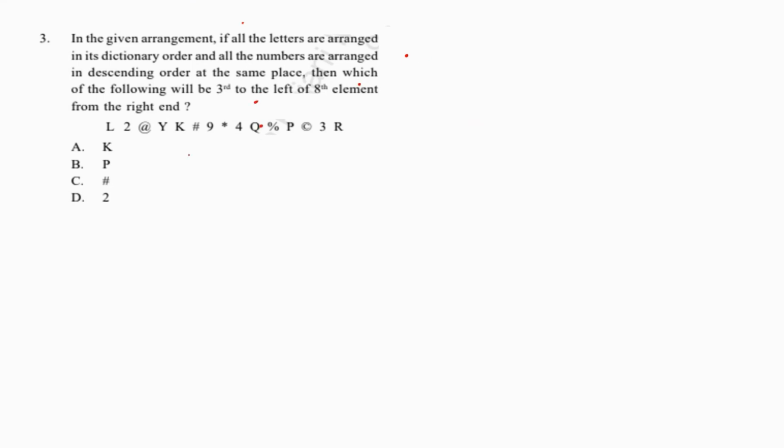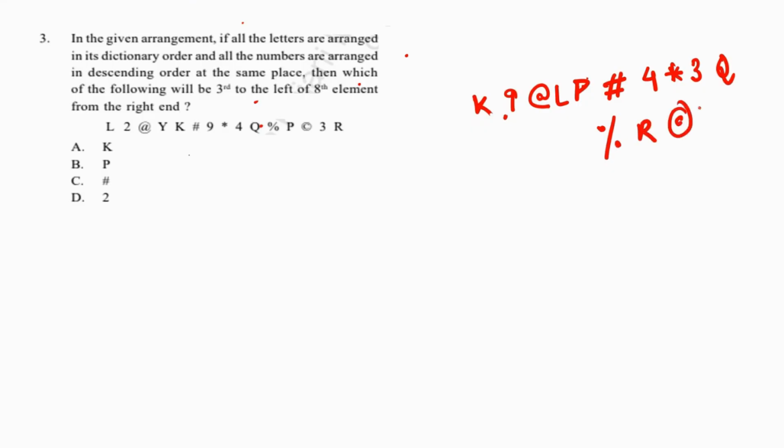Let's first arrange the sequence. First comes A, K, then 9, then the symbol @, which isn't changing, then L, P, then #, 4, then the star multiplication symbol, 3, Q, a percentage symbol, after that R, the copyright symbol, 2, and a Y at the end.